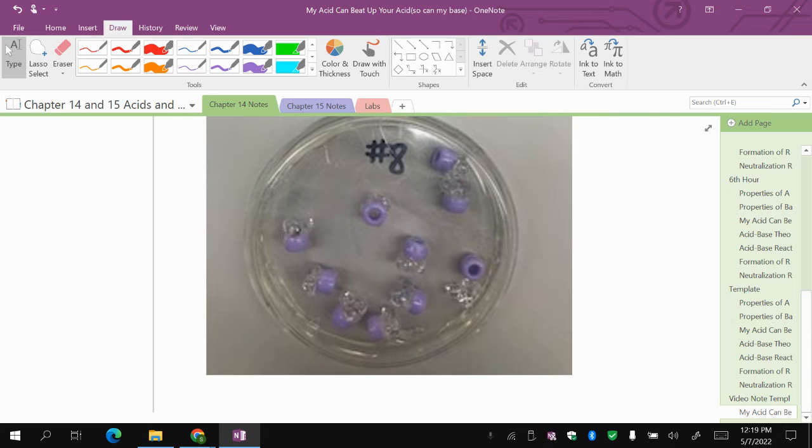Okay, so looking back at this video, the Petri dish, the purple is the ammonium cations, and the clear ones are the hydroxide anions.